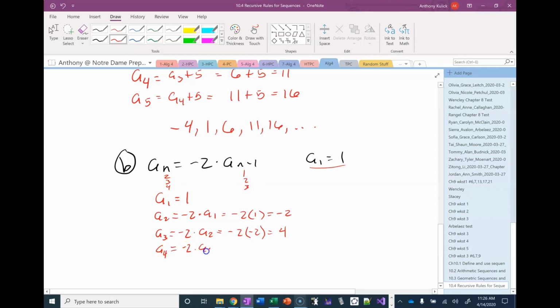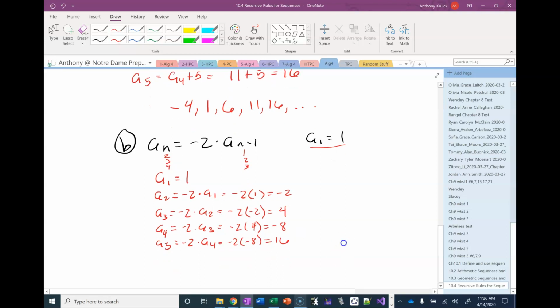So we have -2 times a3, -2 times the third term, which we just found is 4. So that's -8. And the fifth term is going to be -2 times the previous term, -8. So -2 times -8 is 16. So our sequence is 1, -2, 4, -8, and 16.